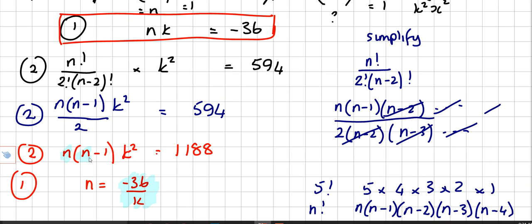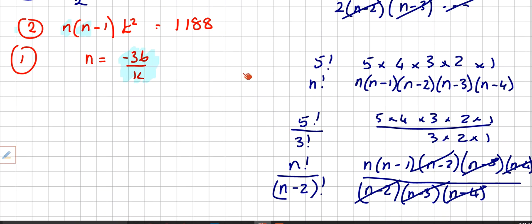Oh my gosh. You pick the horrible one. So then we are going to end up with minus 36 over k times minus 36 over k minus 1 times k squared.